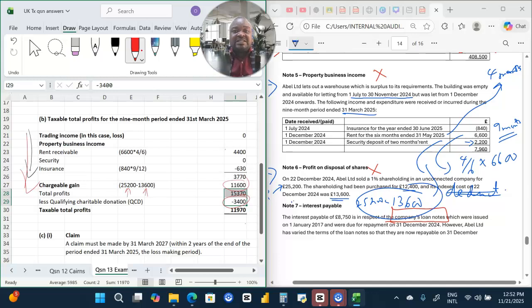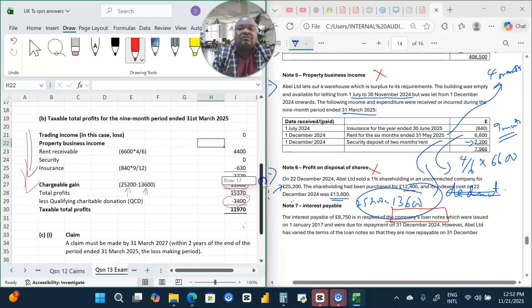Why? Because they are not an allowable expense. That's right. So you do your computation, your arithmetic, and you need to arrive at the taxable profit of 11,970.